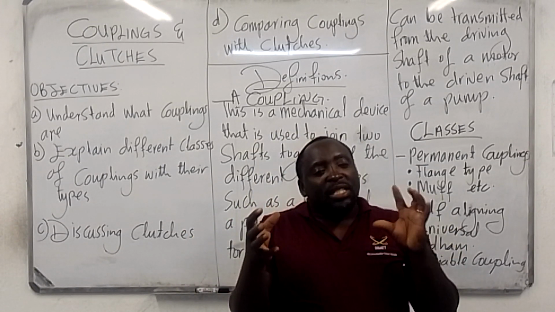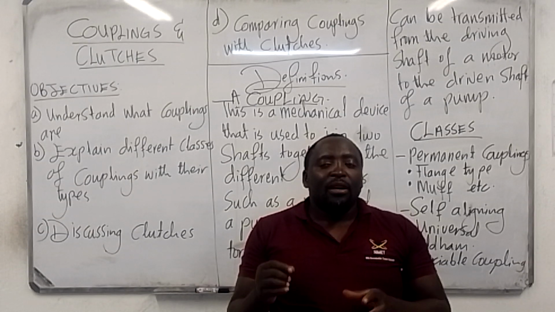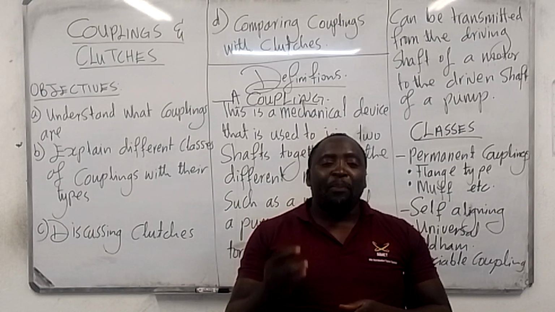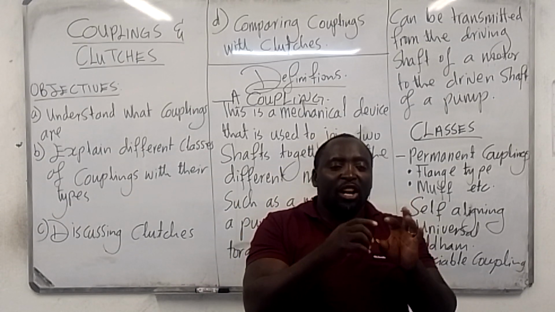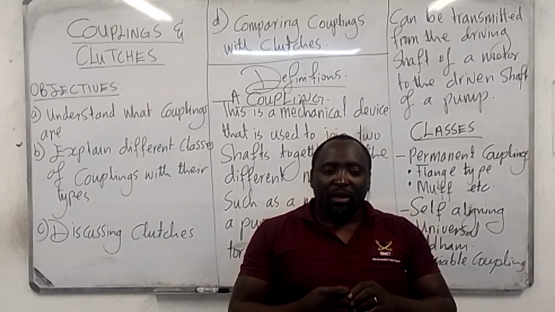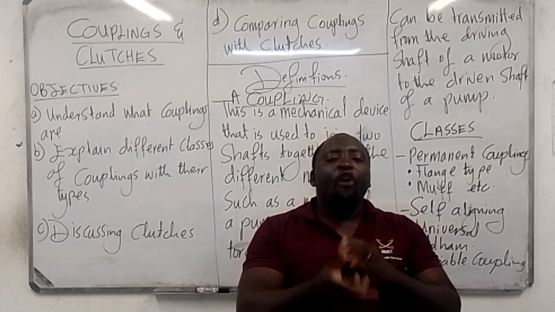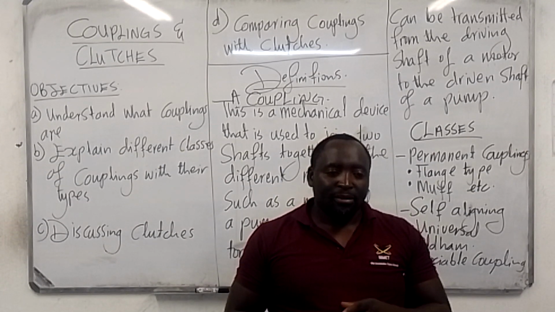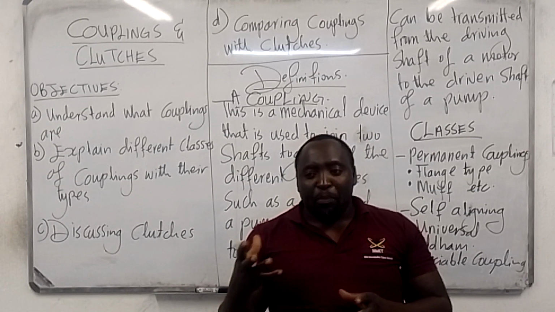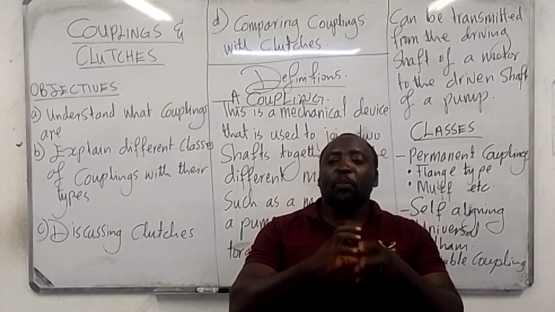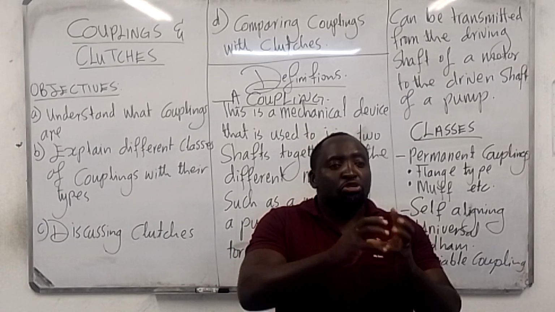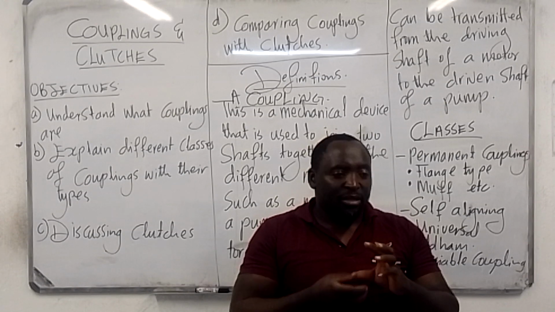So when you look at the flexible coupling, even the pin type has got the rubber material on the bolts. So that when there is rotation, there is a bit of overcoming shock. The BB type has got a spring. As it will rotate, the spring will be tensioned.